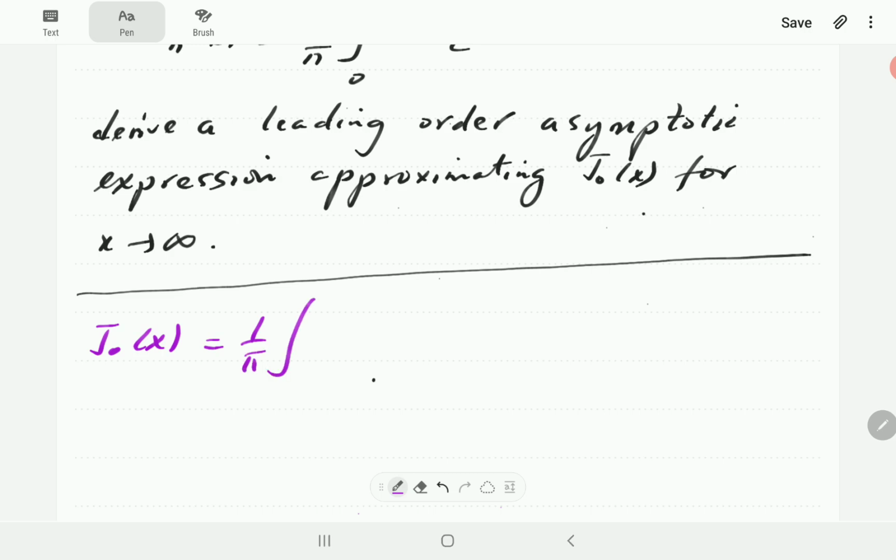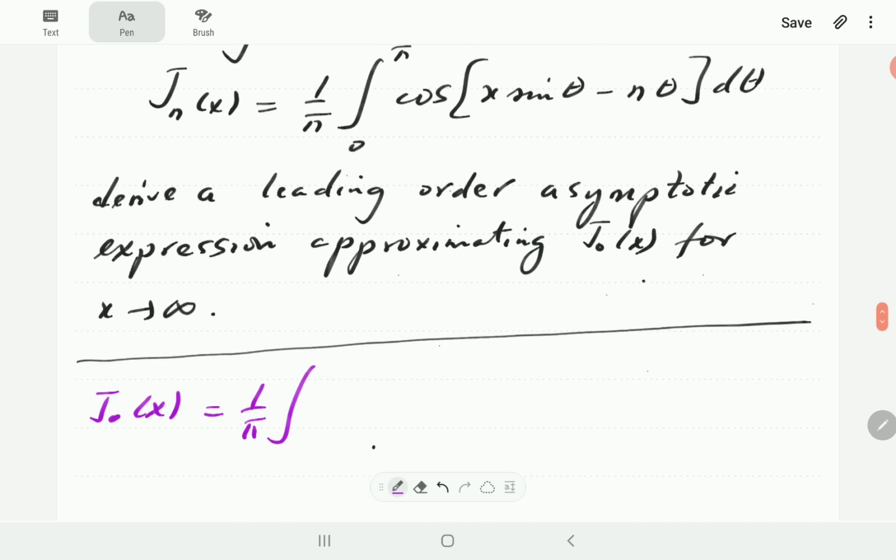So that's going to be your integral from 0 to pi. So this term is basically going to disappear. So it's going to be cosine of x sine theta d theta.